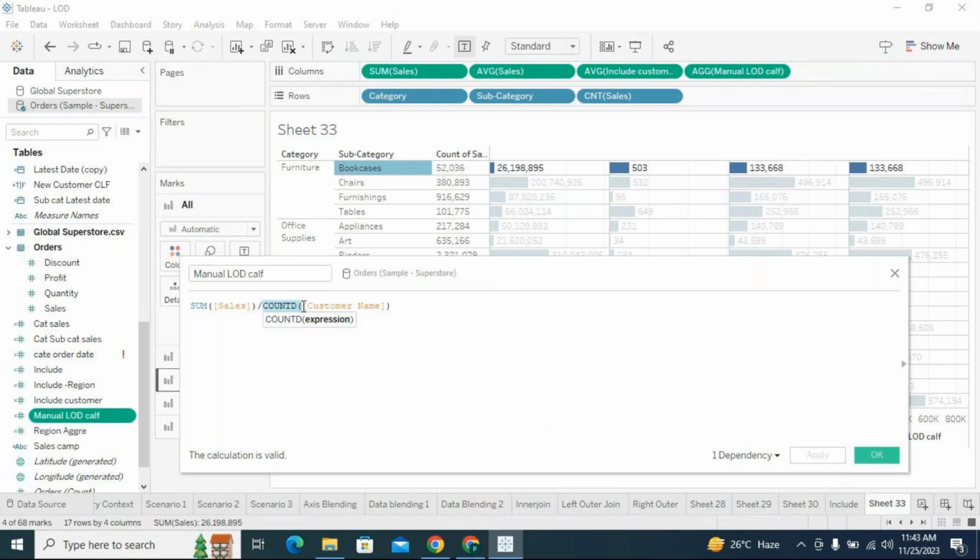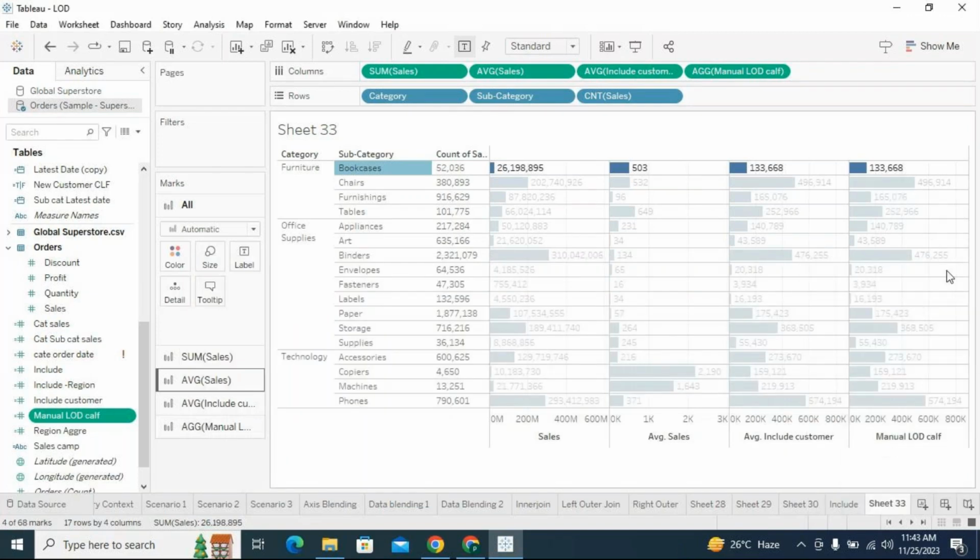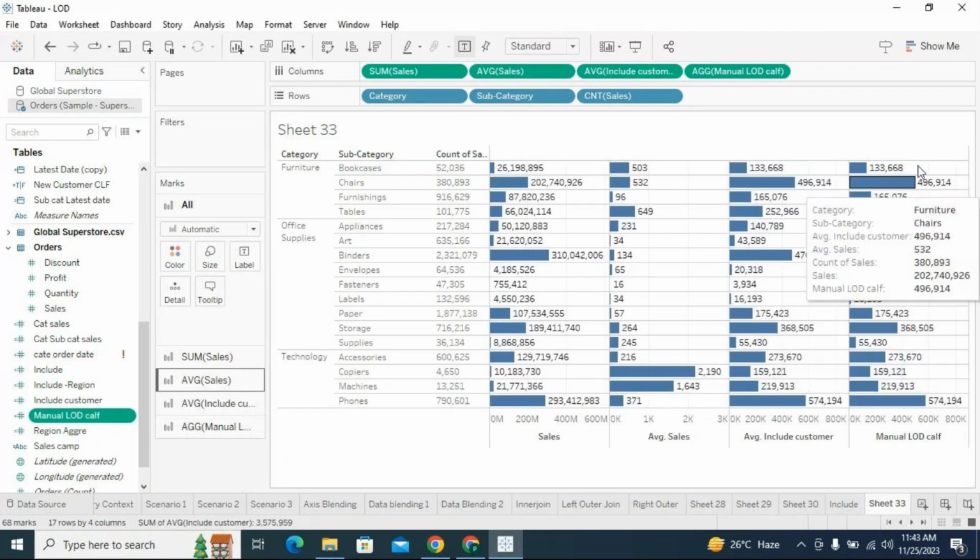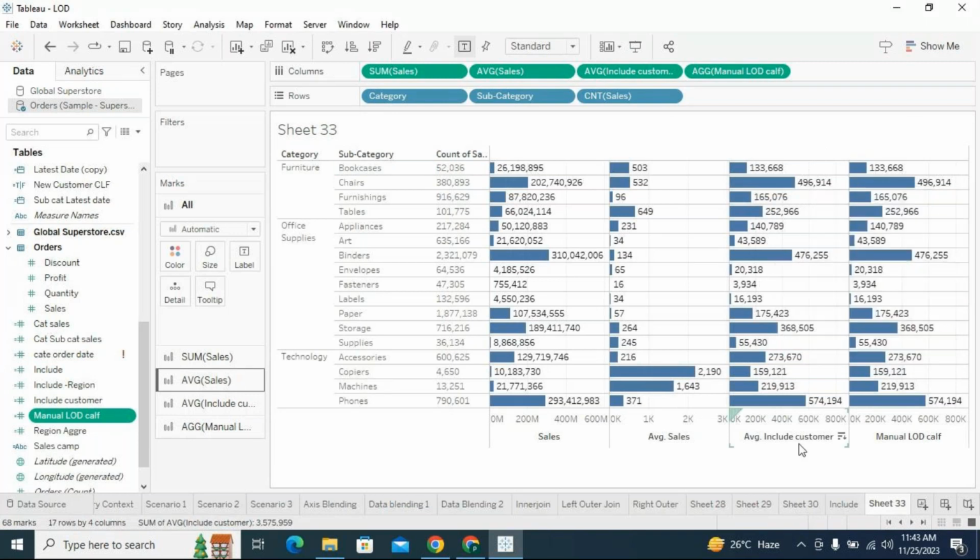For example, a customer had 10 transactions under bookcases, so the customer will be considered as one, but in the customer name column he might be repeated 10 times. That is a distinct count. It removes all the redundancy and takes only the distinct count of customers. And the result you can see here. Like this, we are able to write include LODs.